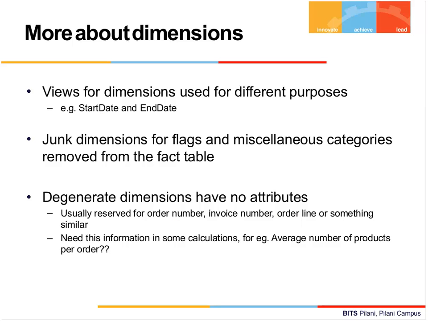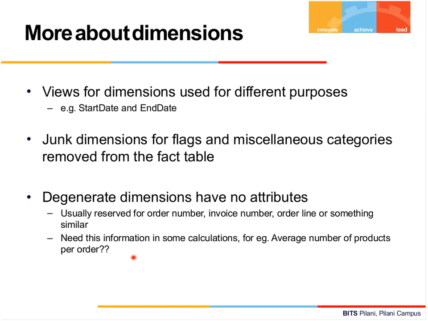For example, when questions like this come up: average number of products per order, what is my total, how many lines have we created on average per month. We will do those kinds of examples with the degenerate dimensions.